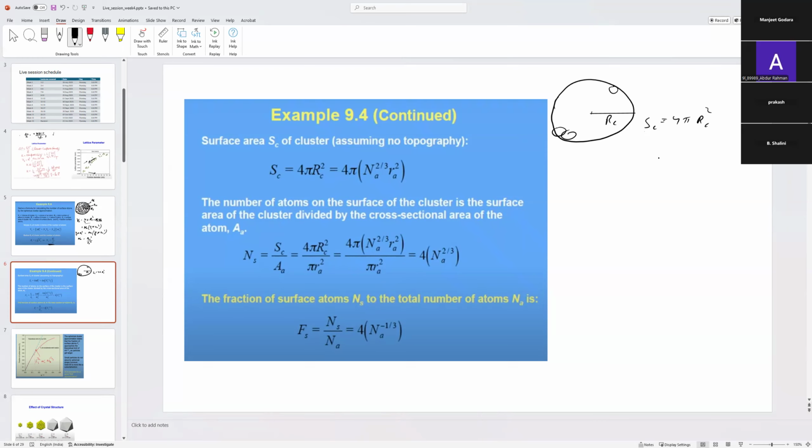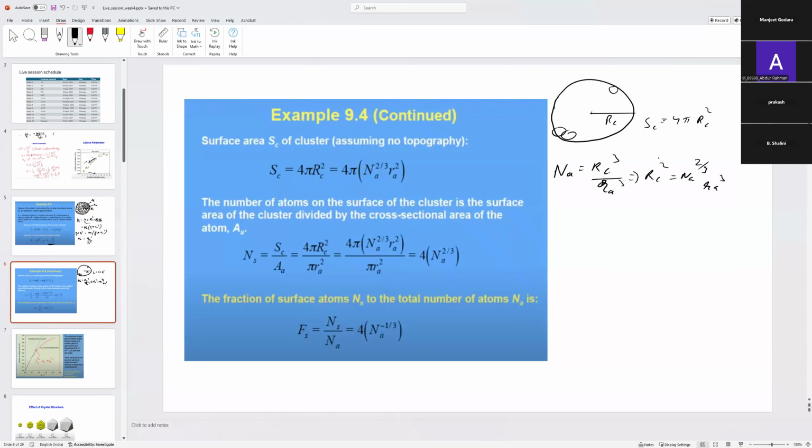Now you had this relation, Na equals RC cubed divided by RA cubed. From this you can see that RC squared equals Na to the power 2 by 3 times RA squared.